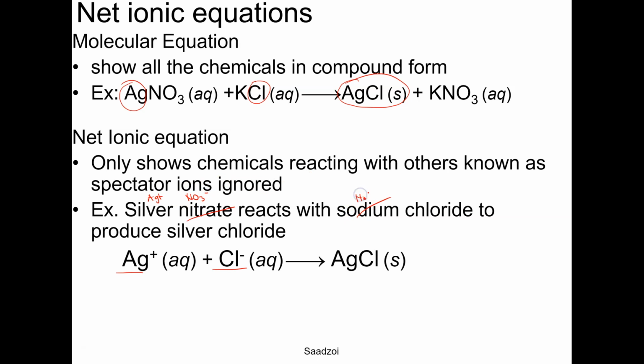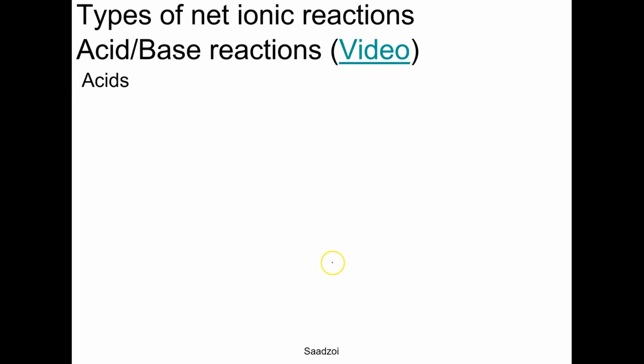This would be Na+. This is soluble as well, right? Group 1 and nitrate, so soluble. So these are broken apart. And what you're doing is a double replacement reaction. Silver gets together with chloride, sodium gets together with nitrate. But because nitrate and sodium don't produce anything, they're called spectators. We get rid of them, and we're left with just this ionic equation.